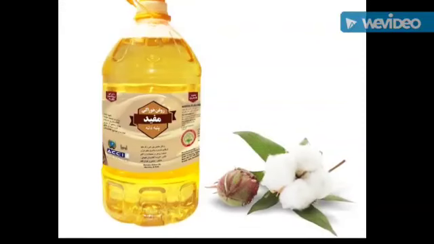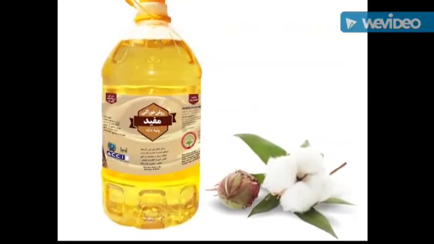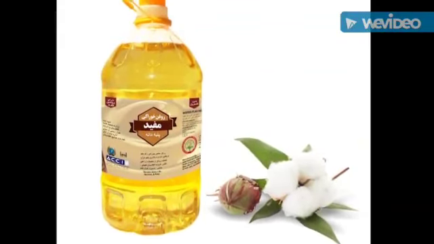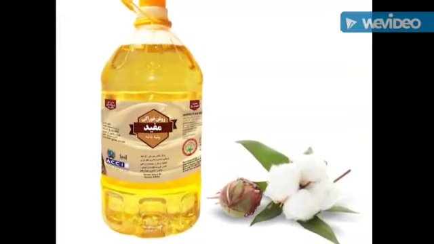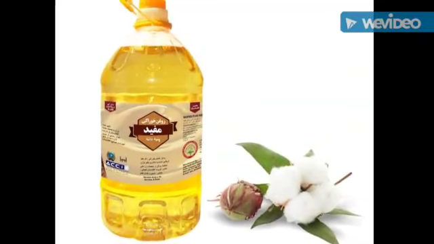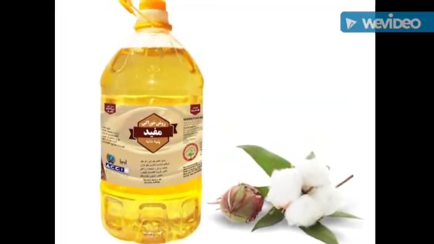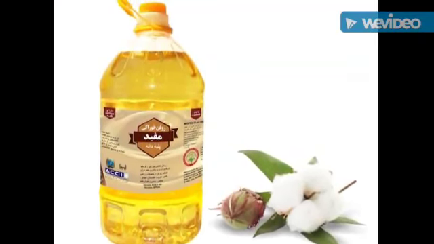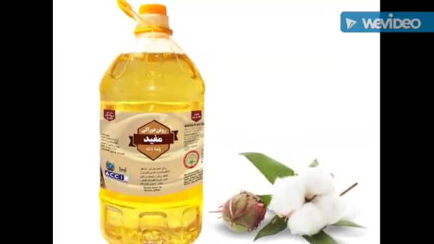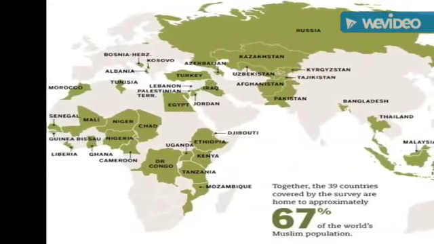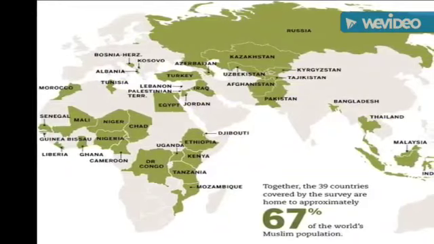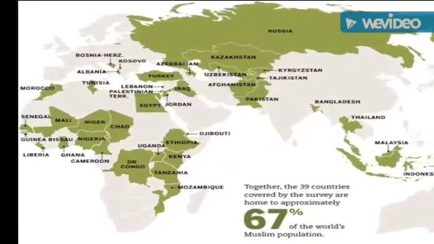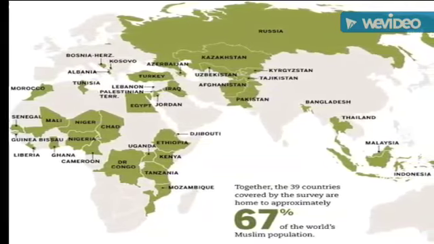And the remaining seeds from cotton are also crushed to make cooking oil, and the remains from crushed seeds are good for feeding animals. And Muslim countries produce 20% of the world's cotton. Leading cotton growing Muslim countries are Egypt, Pakistan, Turkey, and Uzbekistan.